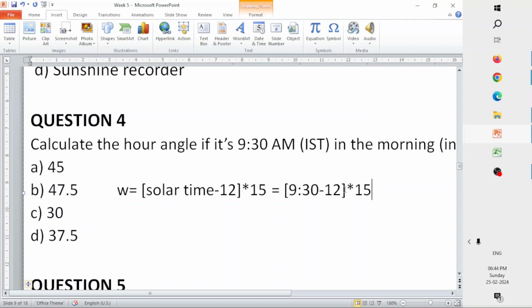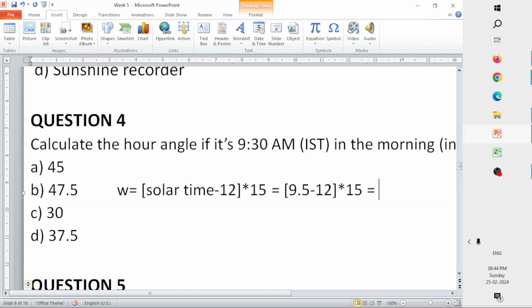Or since it's 9 hours and 30 minutes, let's make it 9.5, because the units have to be consistent. You cannot have one thing in hours and minutes and the other in hours alone and then do the calculation. So here we are converting 9:30 am into 9.5 hours. So 9.5 minus 12, that is minus 2.5, into 15.